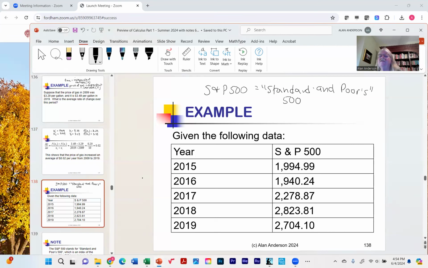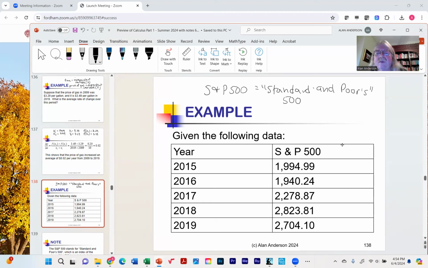In other words, obviously there's a lot of stocks trading, and at any given time, a large number of them will go up and a large number will go down. But this index gives us a sense of how the market as a whole is doing. So when the S&P goes up, that's cause for celebration on Wall Street. Okay, because it means we're making money.